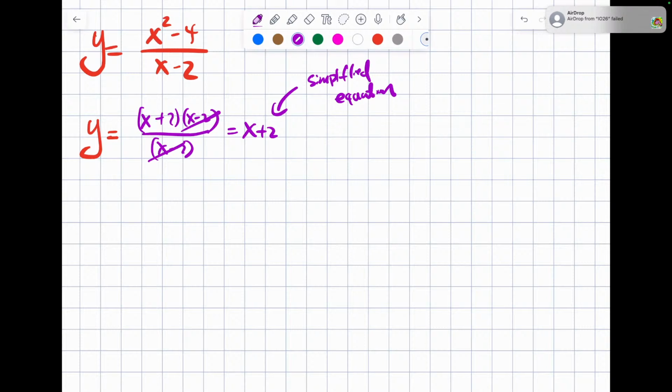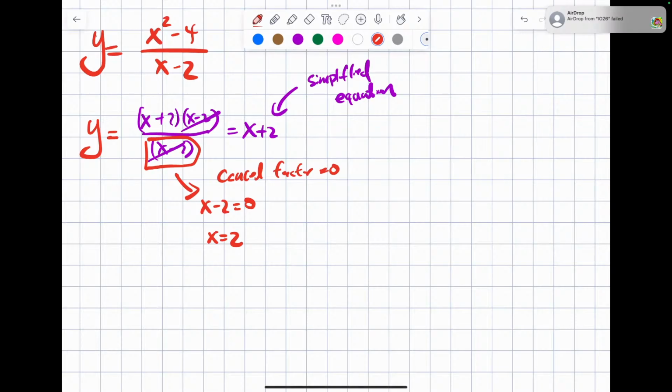How do you identify the hole? You take the factor that you canceled, write down the canceled factor equal to 0, and solve: x equals 2. Then you take that 2 and plug it into the simplified equation, which is y equals x plus 2.